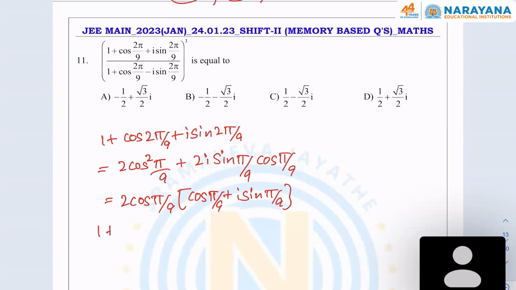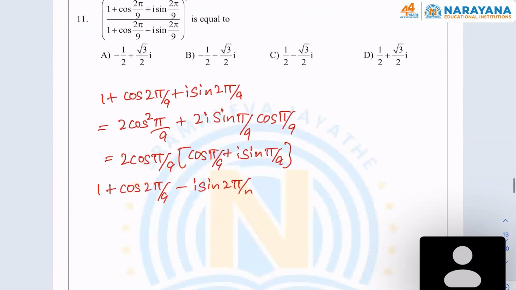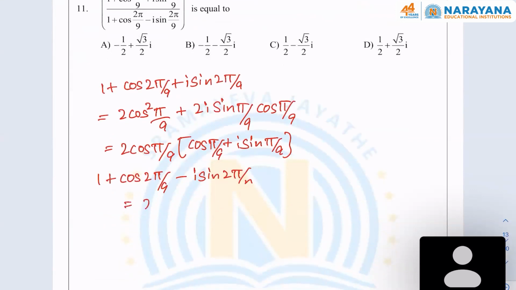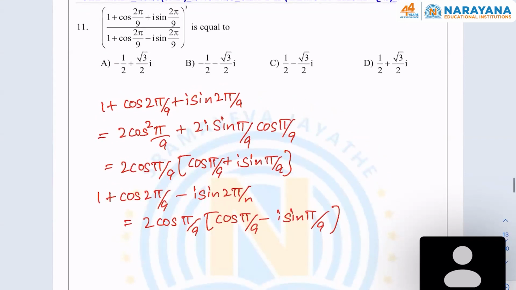Similarly, 1 plus cos 2 pi by 9 minus I sin 2 pi by 9 is equal to 2 cos pi by 9 into (cos pi by 9 minus I sin pi by 9). Okay. And they're asking (1 plus cos 2 pi by 9 plus I sin 2 pi by 9) by (1 plus cos 2 pi by 9 minus I sin 2 pi by 9).